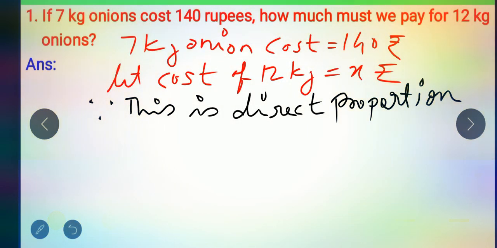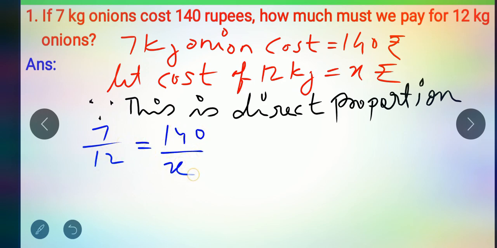That means 7 upon 12 kg is equal to 140 upon x. So here we'll get this equation, students. Now what I'll do is cross multiplication.